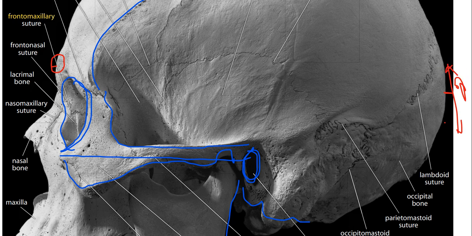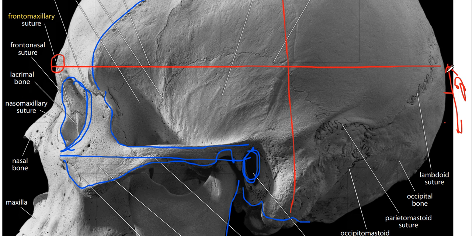On the sliding calipers you will see the reading, and wherever the maximum comes is the opisthocranium landmark. That is how you locate opisthocranium, and this therefore becomes the maximum length of the entire skull.